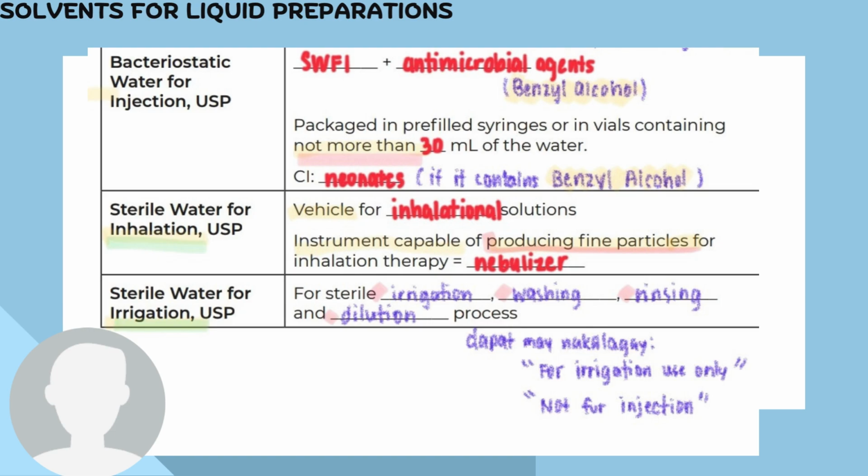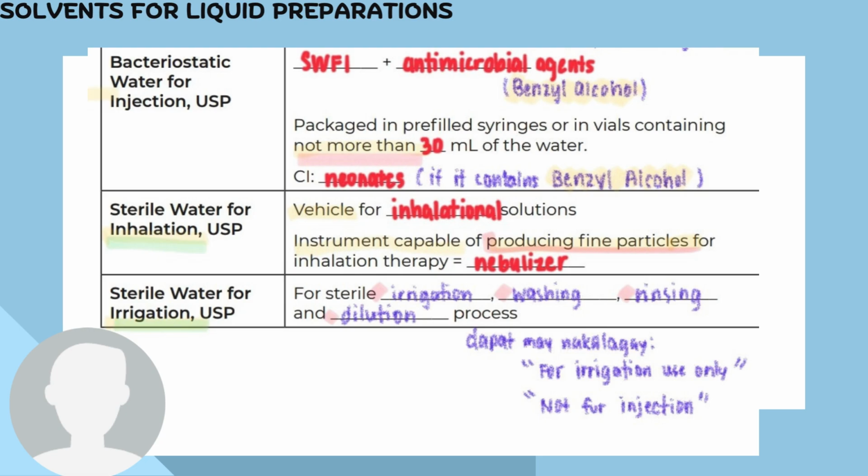The instrument used should be capable of producing fine particles para ma-inhale properly ang medicine into the lungs. So kung mag-prepare ta og inhalation therapy like sa asthma, we use sterile water for inhalation as the solvent or vehicle. This helps create the mist that the patient inhales through the nebulizer.